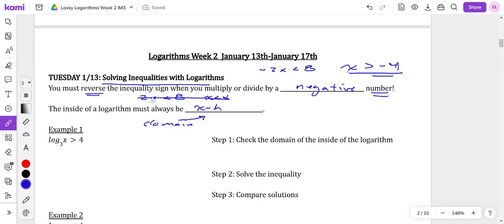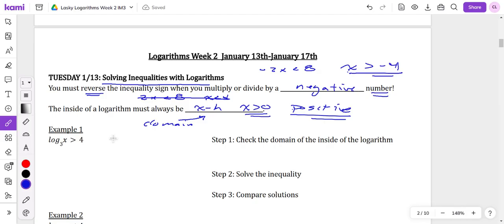Since we know what these graphs look like, it must always be x is greater than 0. Always positive. That's a huge piece for us, and I'll show you why in a second.